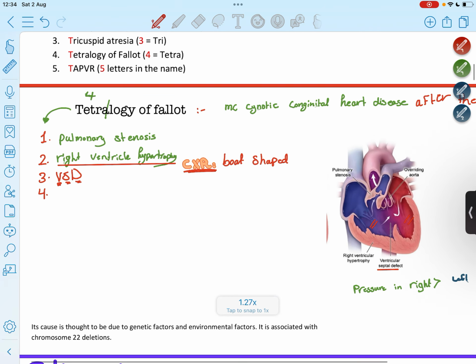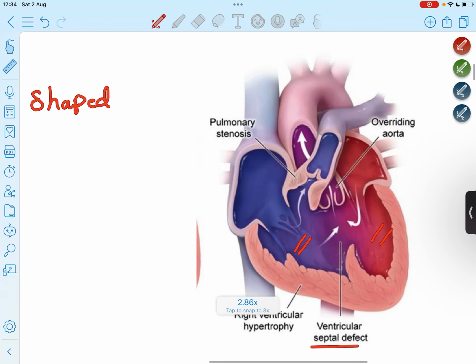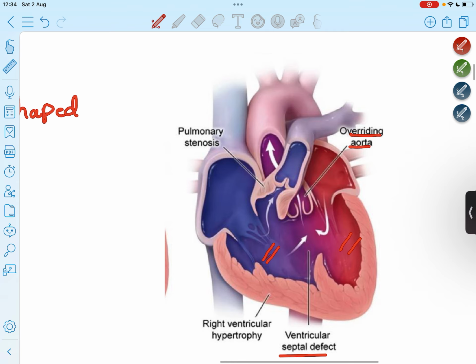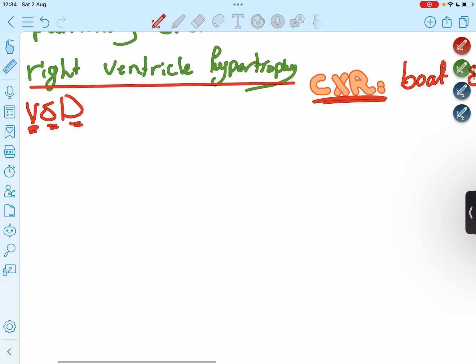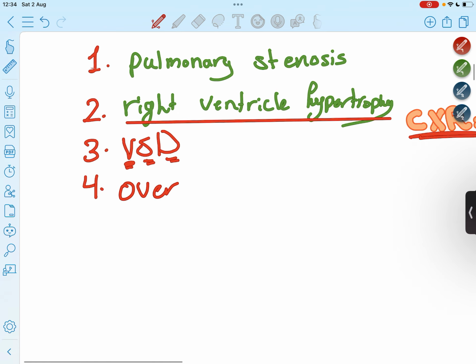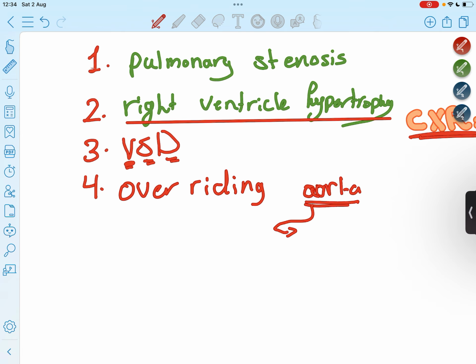And the fourth one is overriding aorta. It means that the aorta is sitting over both ventricles, between the right and the left.